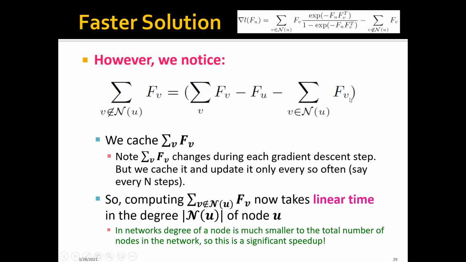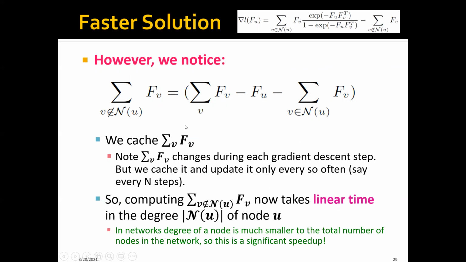So basically, one way to compute this second term would be to just cache this sum of all the F, and then whenever we're trying to compute this second term, we just use this cached version and we minus FU, and we minus the sum of the neighbors.